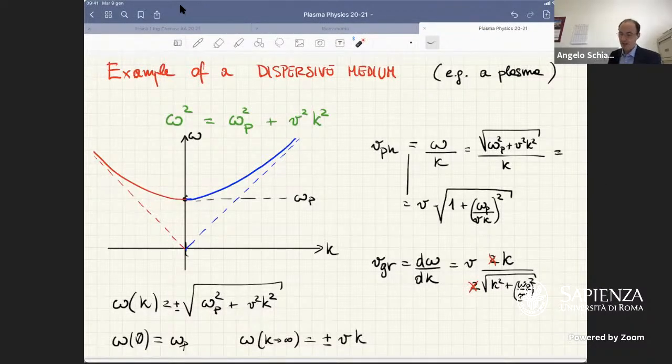And we'll see that, especially in this particular case, the tangent is zero, so the group velocity is zero, so the wave is not traveling anymore. And this will describe an oscillation.